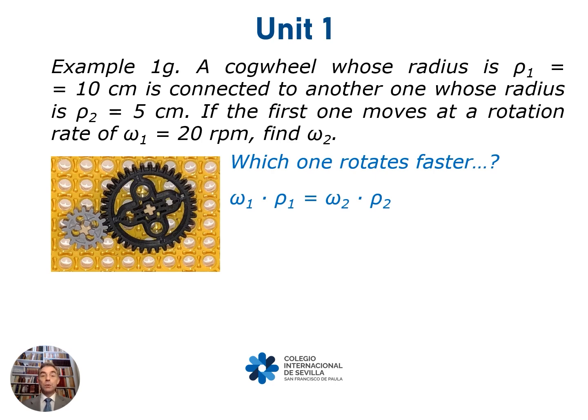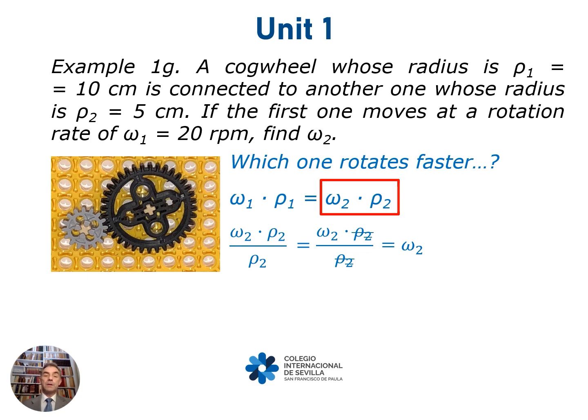We need to clear omega 2 from that expression, so we take the second half of the equation and we divide it by radius 2. Omega 2 radius 2 divided by radius 2. We cross over radius 2 and we obtain omega 2. And that equals the first member of the equation divided again by radius 2.